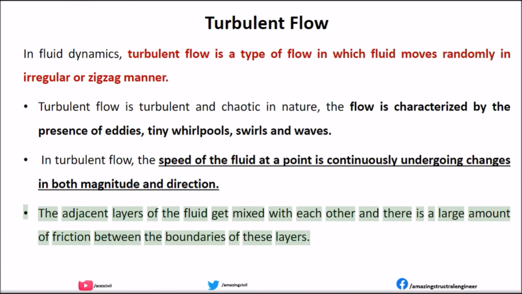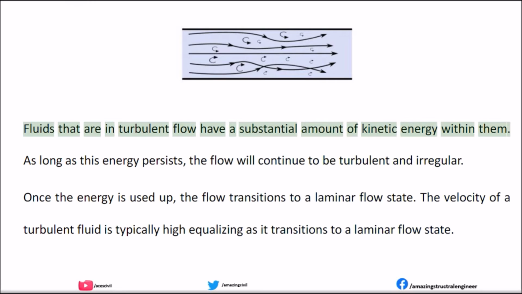The adjacent layers of the fluid get mixed with each other and there is a large amount of friction between the boundaries of these layers. Fluids that are in turbulent flow have a substantial amount of kinetic energy within them.